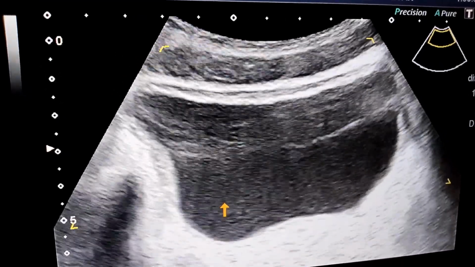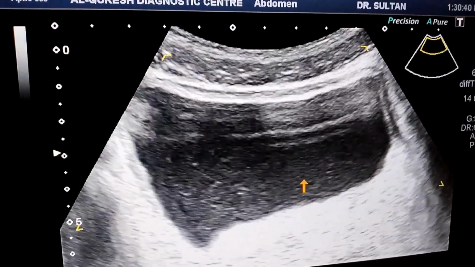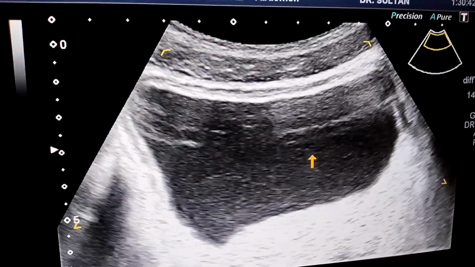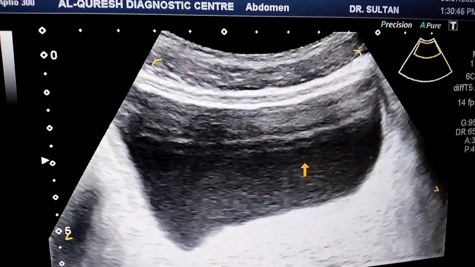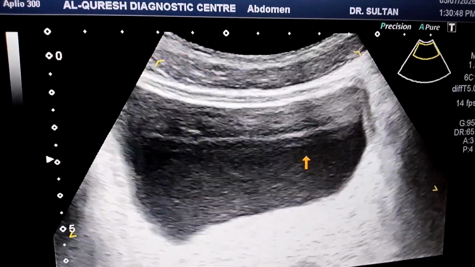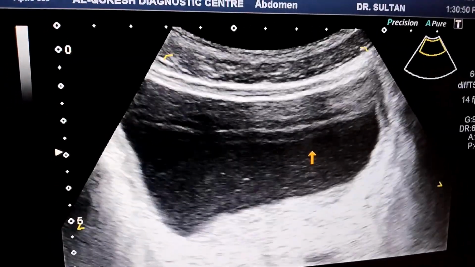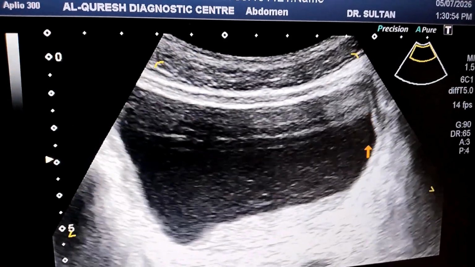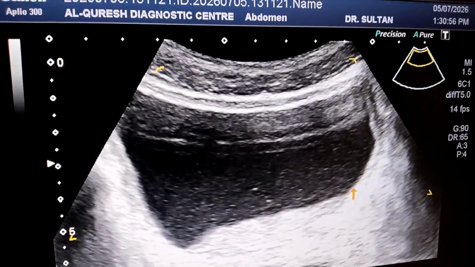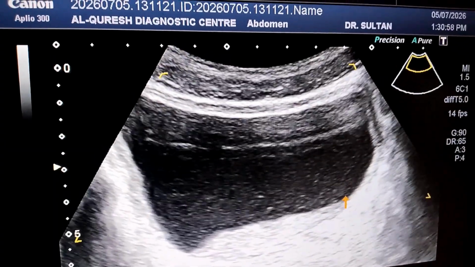So all these findings which we have seen by the ultrasound are likely suggestive of cystitis. This is acute cystitis. Because we have seen that the wall thickening is smooth, it is not irregular, it is a diffusely thick wall, and it is regular thickening.